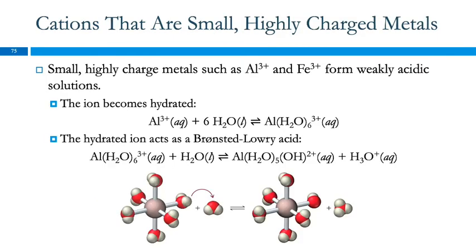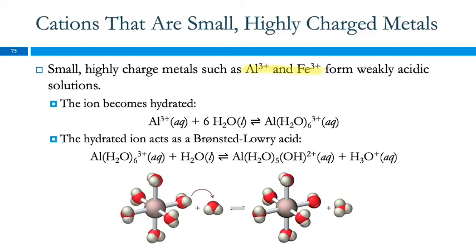Okay, so I said there were 3 kinds of cations. The counterions of strong bases, pH neutral. The cations of weak bases, weak acids. And then we have these guys, small, highly charged metals, such as aluminum and iron 3.